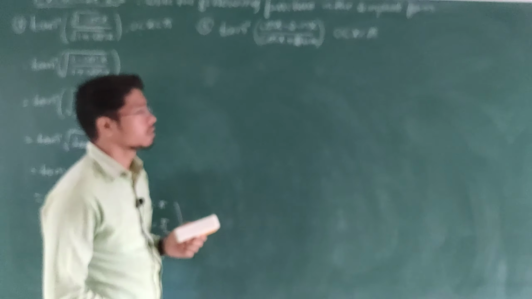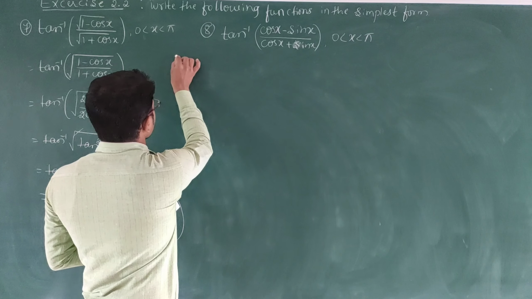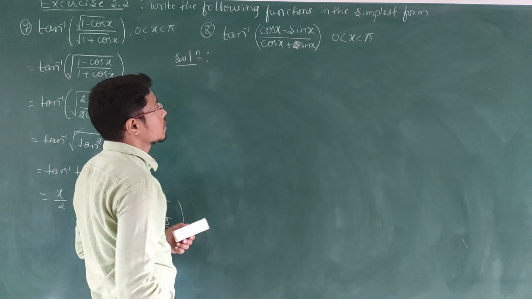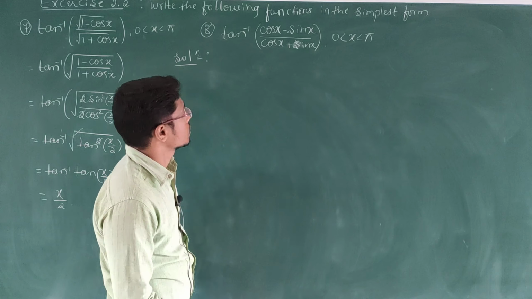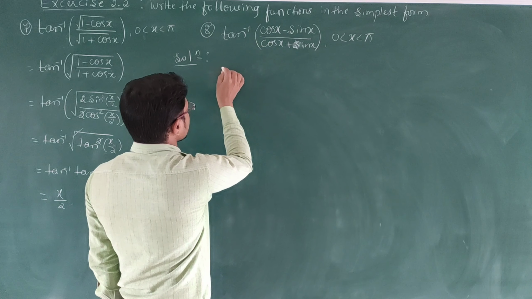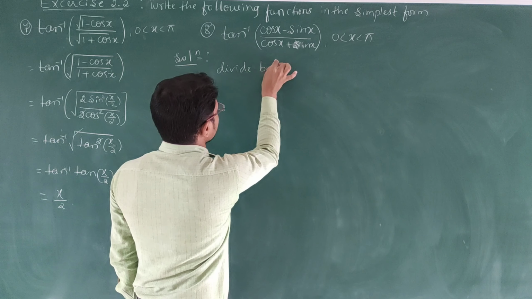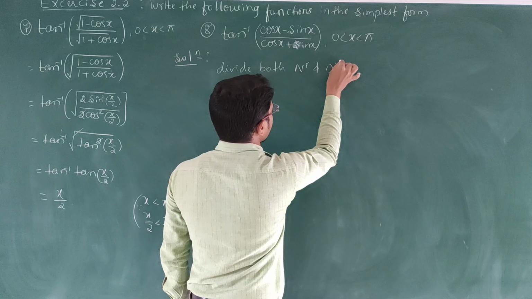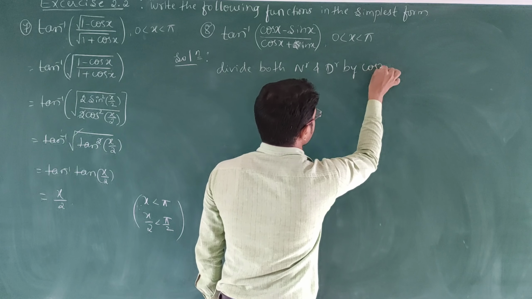Whenever questions like these appear, you should divide both numerator and denominator by a function. So I will use cos x here: divide both numerator and denominator by cos x.